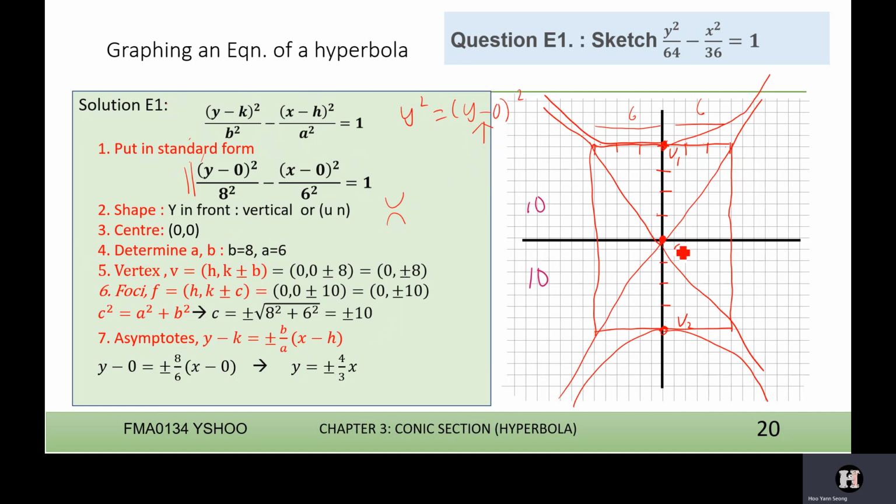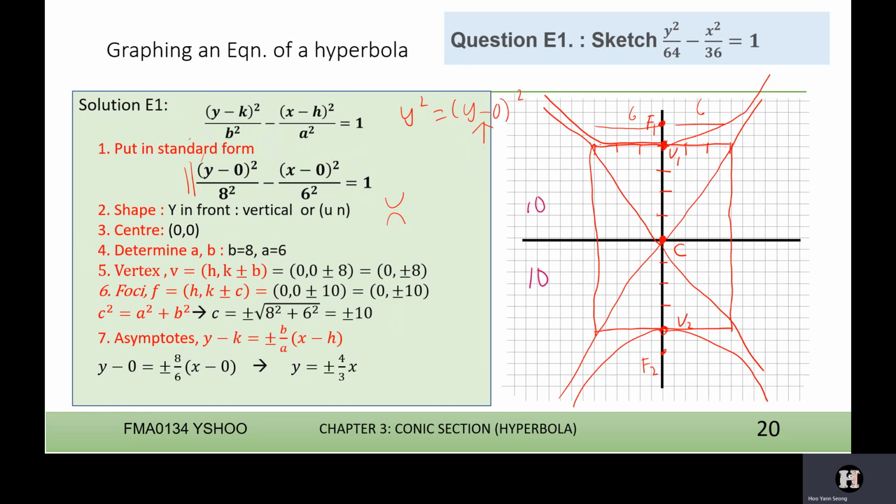You calculate from the center going up, because this is an open up and down hyperbola. So it will be going up for 10. Just now this is 8, so this is 10 here, and this is negative 10 here. This is my focus 1, this is my focus 2. Then the sketching of your hyperbola is already finished.